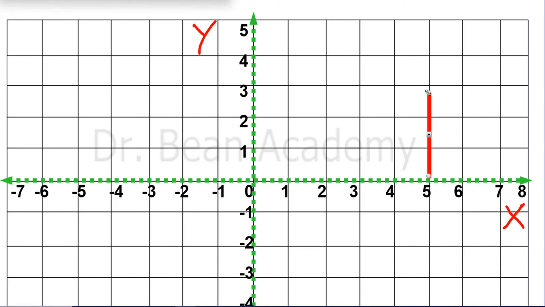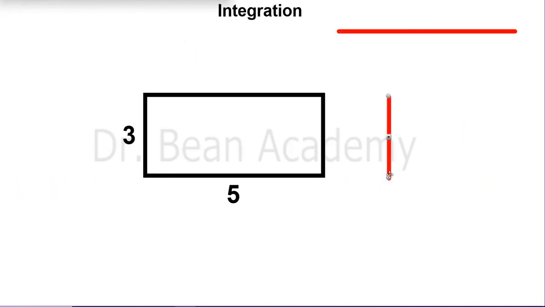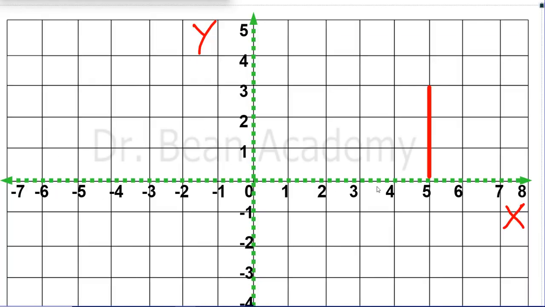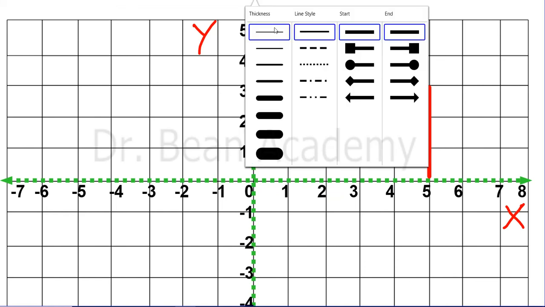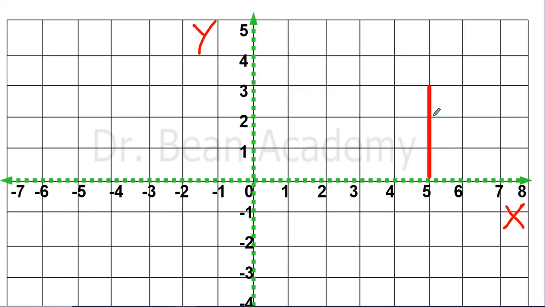And of course, because the length of this line should be 3, I have the same line here, and I put it like this. Of course, it still makes the same rectangle, right? But now I will find the equation of this line. Can you tell me the equation of this line? The equation of this line will be, now, x equals 5.